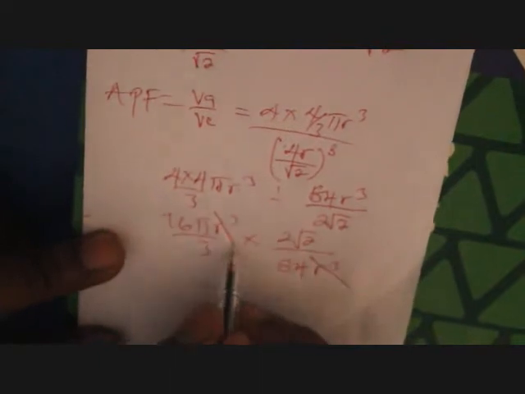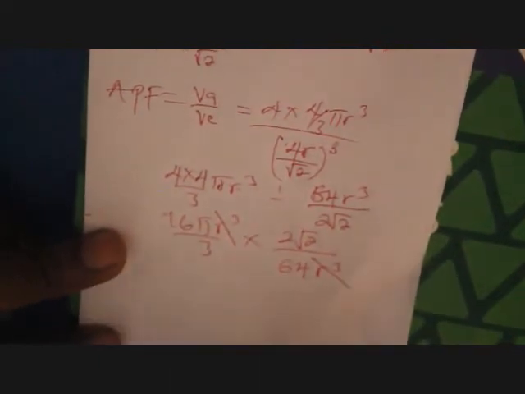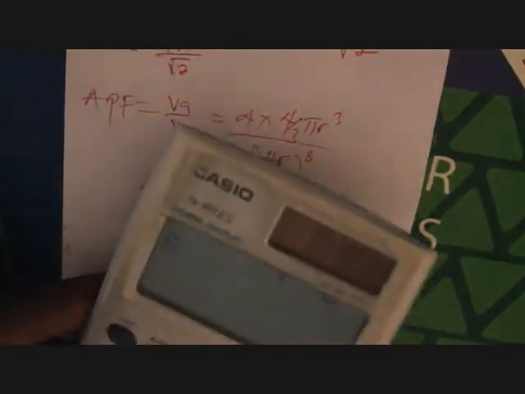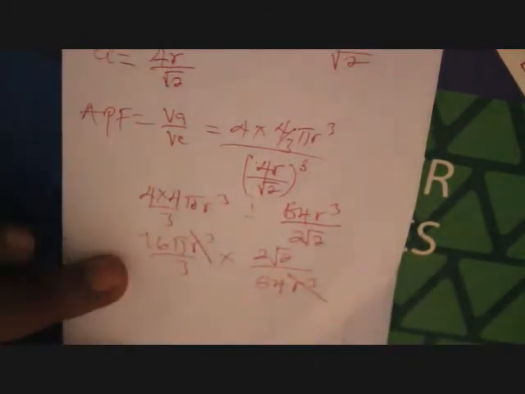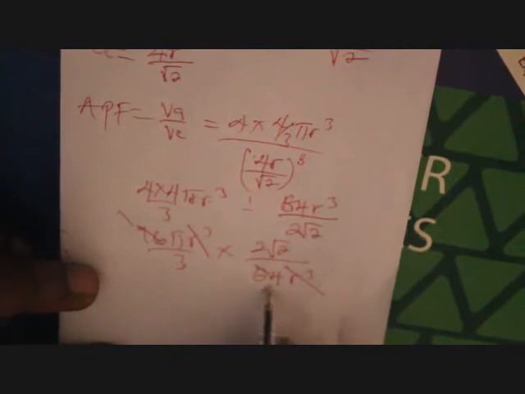Then R cube goes with R cube, and 64 divided by 16 is 4. Here 1, here 4.